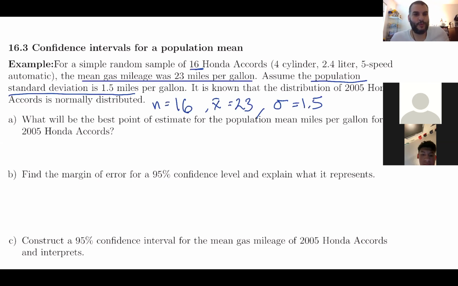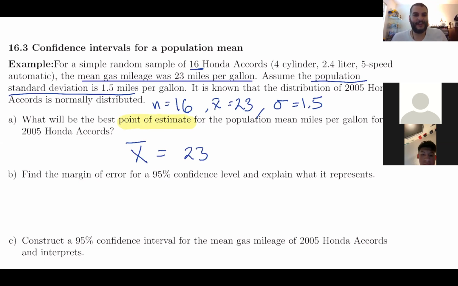Part A said, what will be the best point of estimate for the population mean miles per gallon for 2005 Honda Accord? So the keyword here is point of estimate. Point of estimate, all they're referring to is X bar. So if I don't know what the population mean is, I could use the sample mean to estimate what the population mean should be.